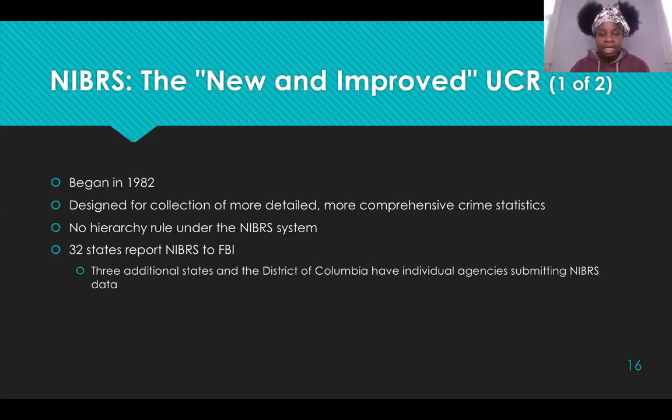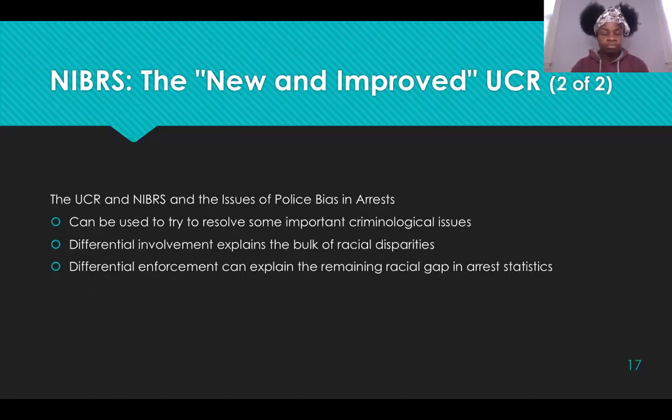Approximately 29% of the population is covered by NIBRS reporting, which represents 27% of the nation's reported crime and 43% of law enforcement agencies. Now, there are issues of police bias, specifically when it comes to the data that we receive from the NIBRS and also from the Uniform Crime Reporting System.